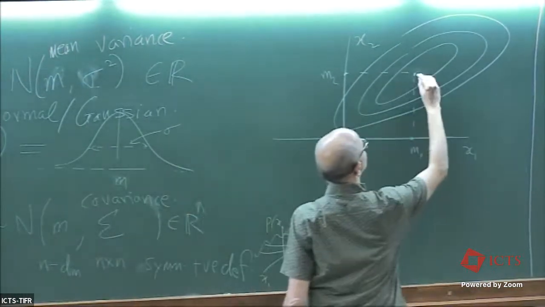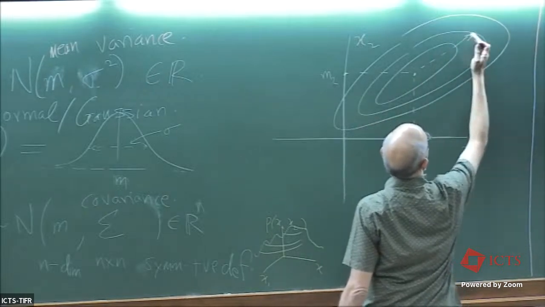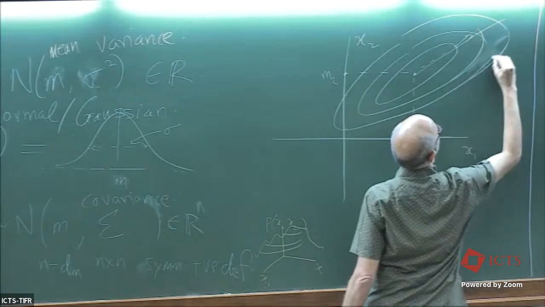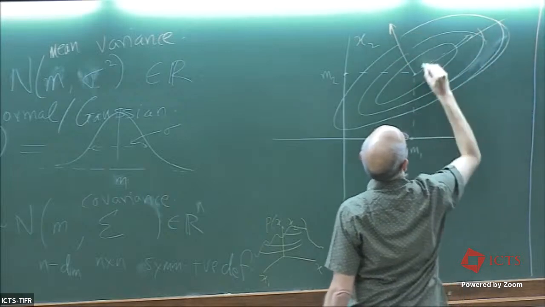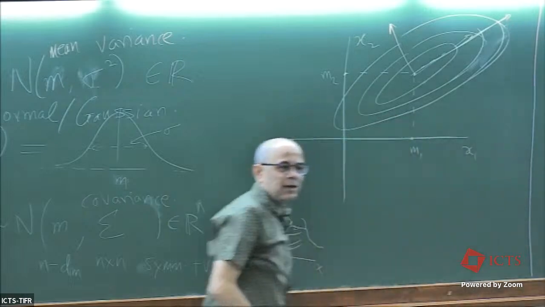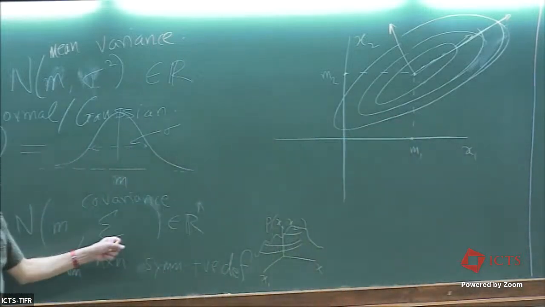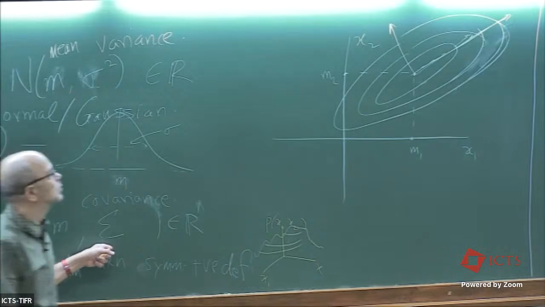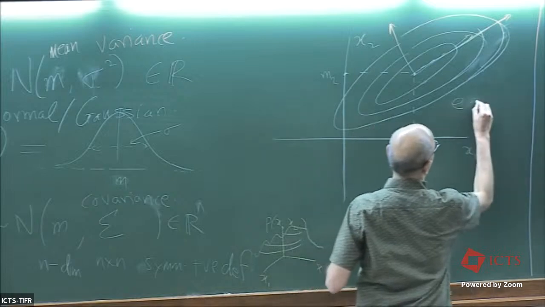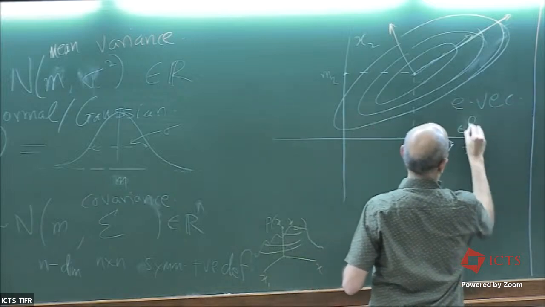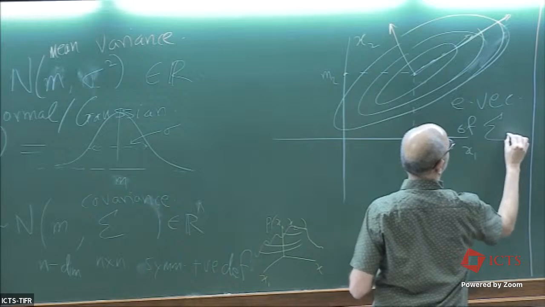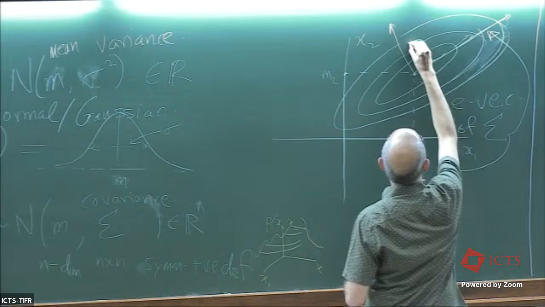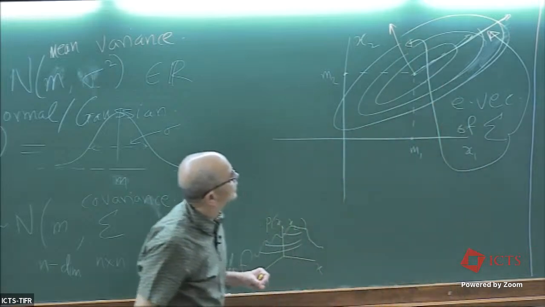But anyway, symmetric, nice, beautiful ellipses and so on. So of course each ellipse, actually all of them, should have identical semi-major and semi-minor axes. These axes are defined by the eigenvectors of the covariance matrix sigma.